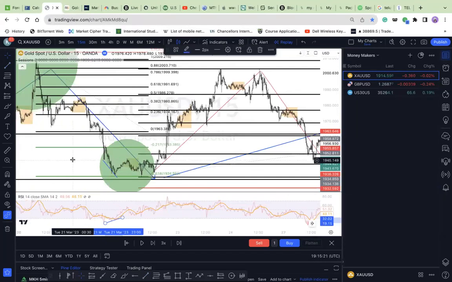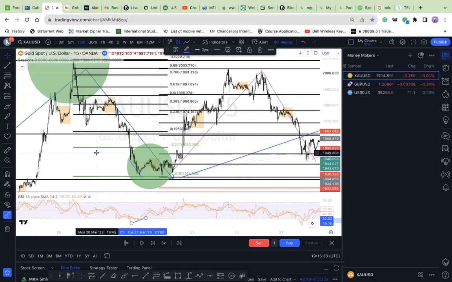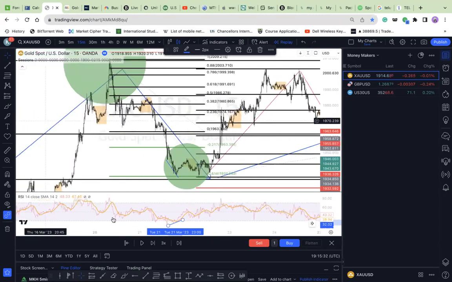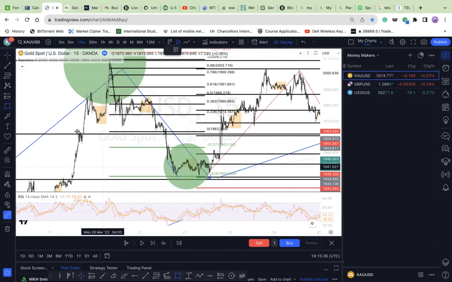So if divergence forms, what we expect price to do is to move to the nearest zone. So in that case, all we'd expect to do is to wait and see price retrace to our nearest zone.